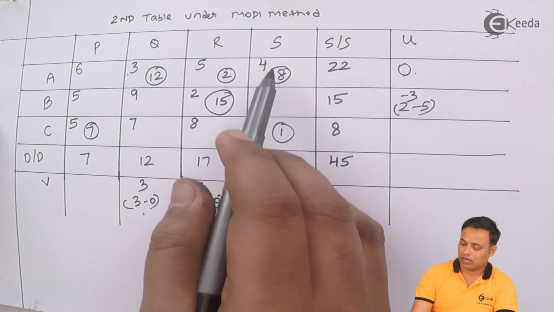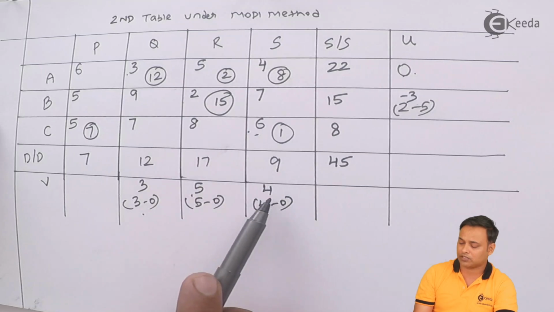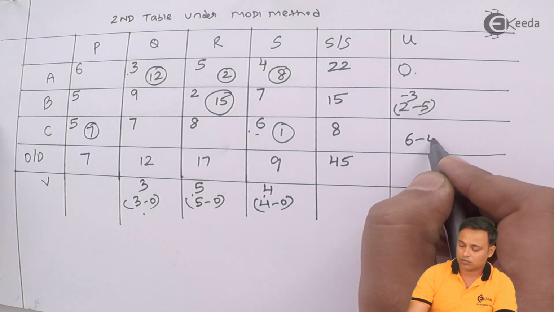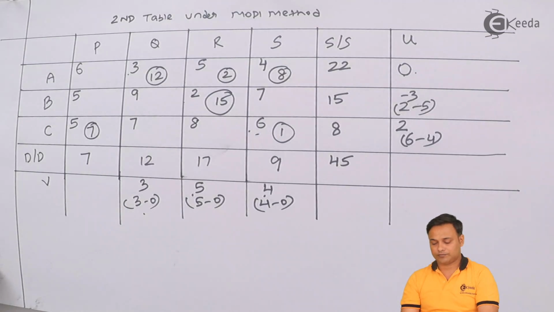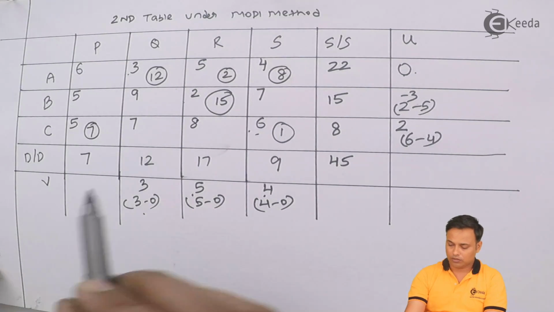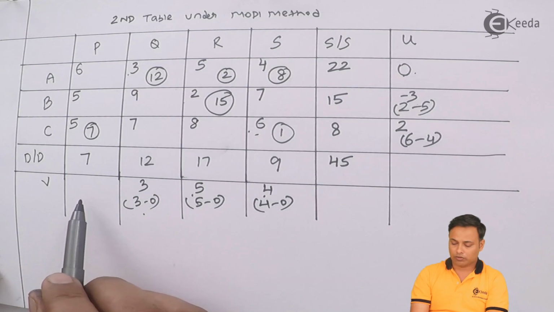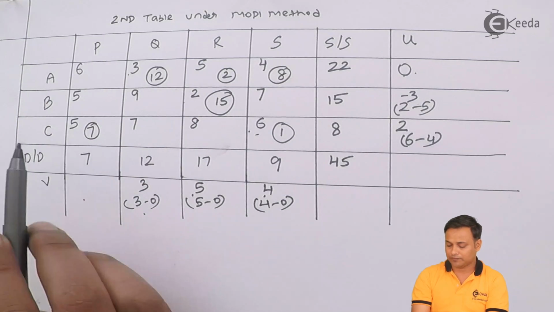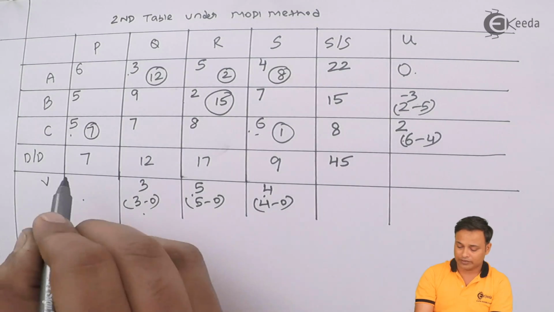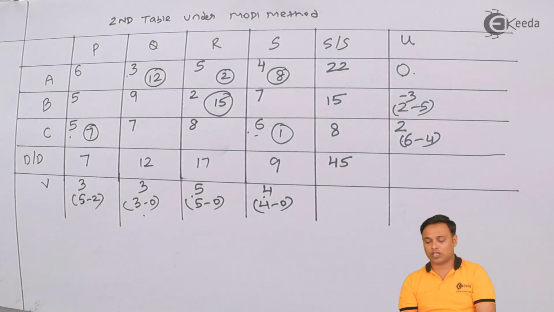And in the last column, I have got occupied cell where the cost is 6 minus 4. So we have got all the values of u and v. Just check out once again. We are left with this one particular value. To get this value, I need to check the occupied cell in this column. It is 5. So 5 minus 2, I will get 3 here. So with this, I have got all the u and the v values.